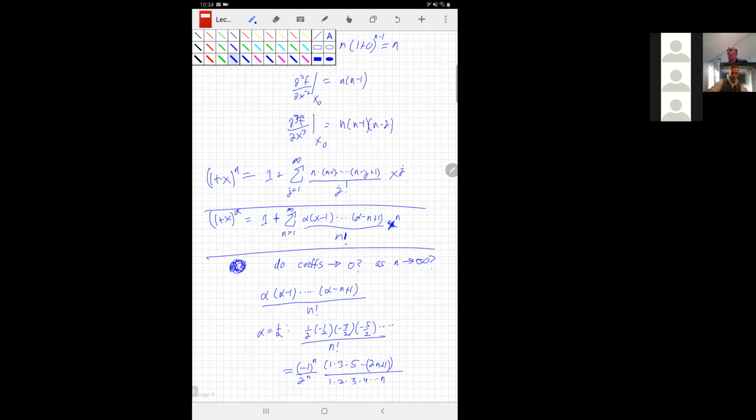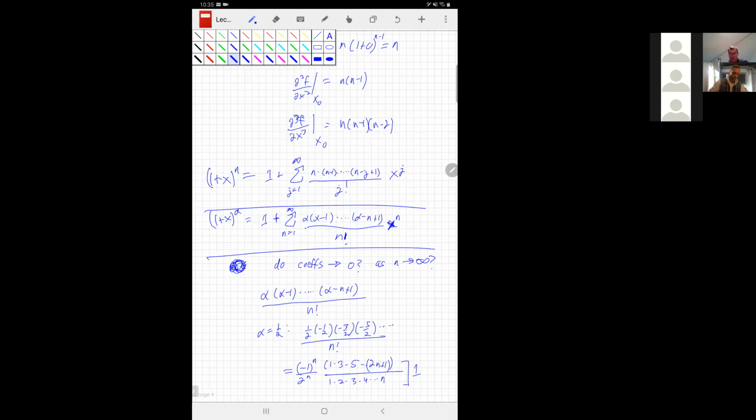All right, and this ratio is going to 1, because just as the numerator is growing linearly, the denominator is also growing linearly, but the numerator is growing about twice as fast.